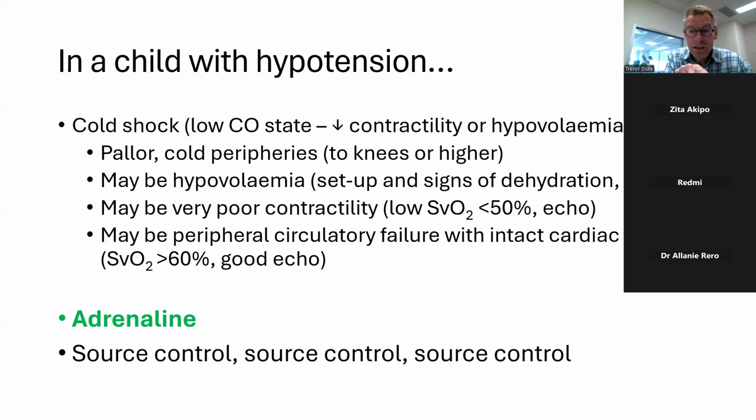You can assess this by their clinical features, and also, if you can do it, their lactate will be high and their venous saturation, measured through a central line or through their peripheral veins. If you can do a blood gas, their venous saturation will be low, often less than 50. And when you look on the echo, instead of good function, they'll have very weak myocardial function. Their squeeze will be very limited.